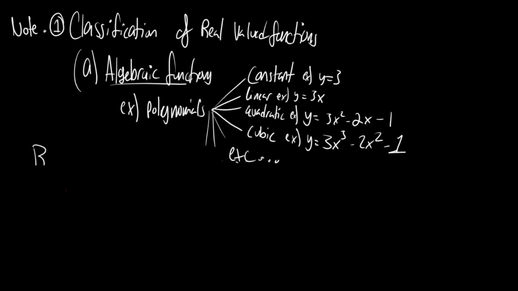A rational number is any integer over an integer not equal to 0.